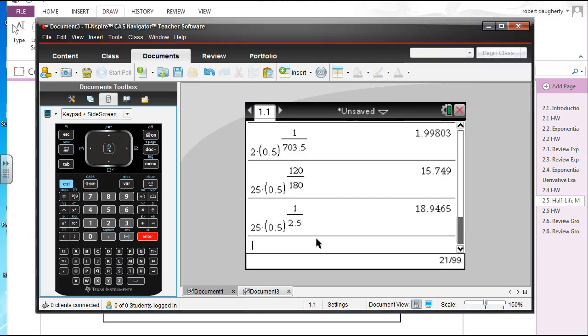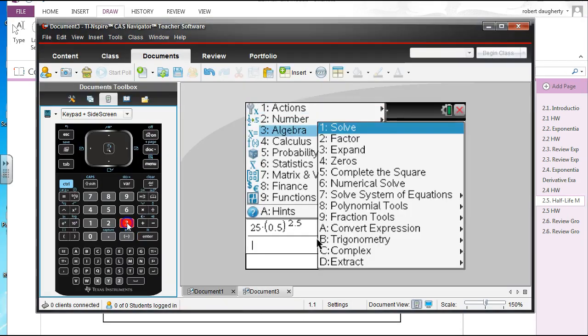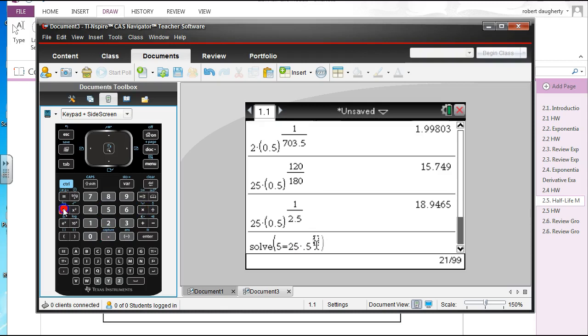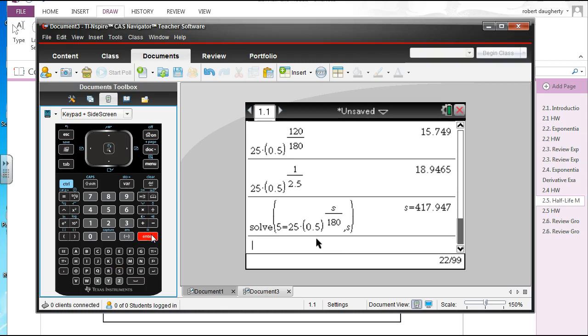So if I do menu 3-1, I need to solve 5 equals 25 times 0.5, and then raise that. If you don't like S, you can use T, it doesn't matter. So I'll use S. S divided by 180, and then you have to tell it you're solving that for what? S, okay?